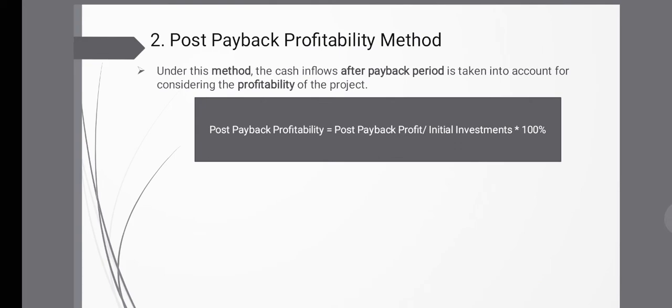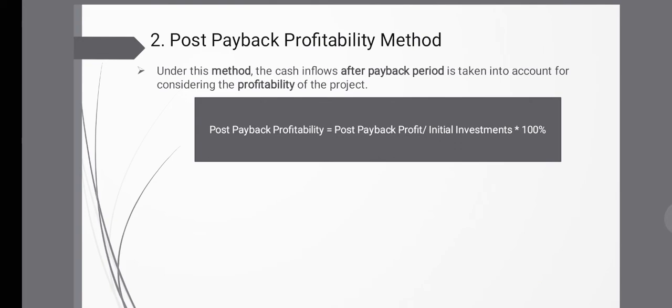In the second project, you're getting 40,000 per year for only 4 years, so 2.5 years will be your payback period, because you'll be able to recover 1 lakh rupees.